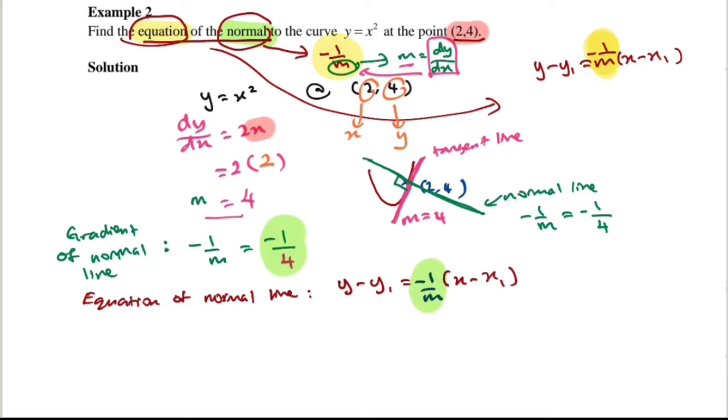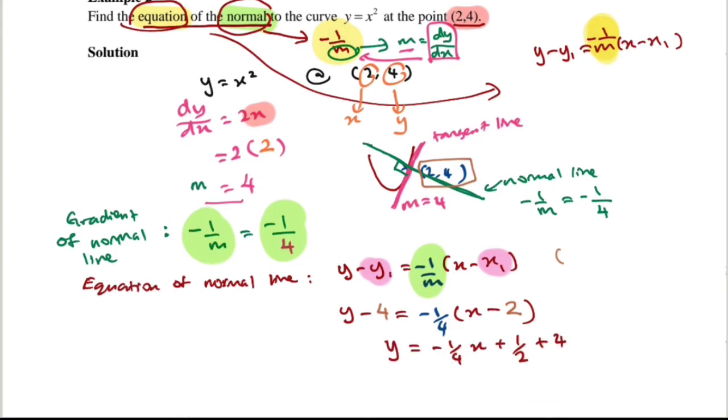So just replace your value negative 1 over m with negative 1 over 4. Now, what about the values of y1 and x1? What should we replace them with? It is the coordinates at that point, which is (2, 4). So our x is 2 and y is 4. Replace your values with 2 and 4. Expand and simplify. And that's your final answer.